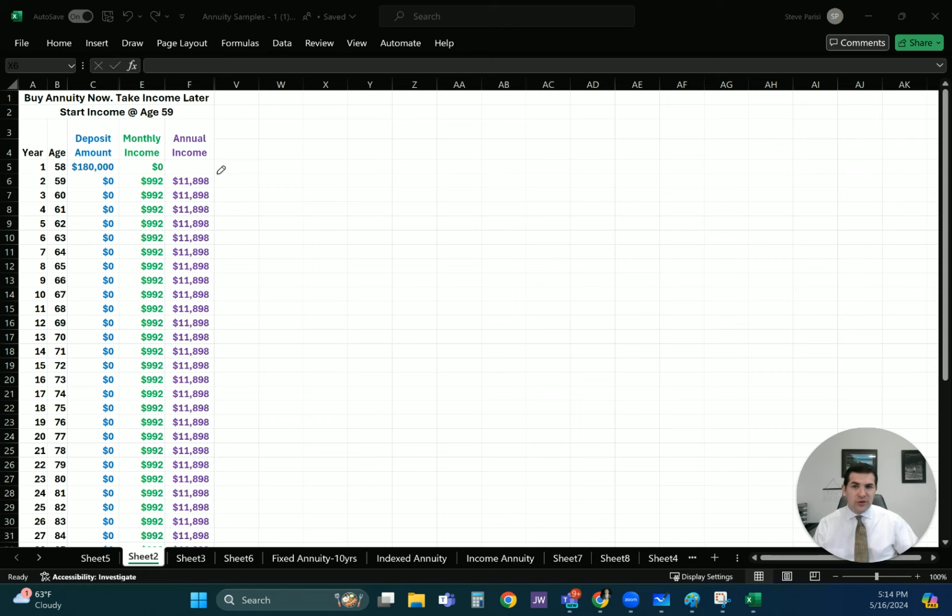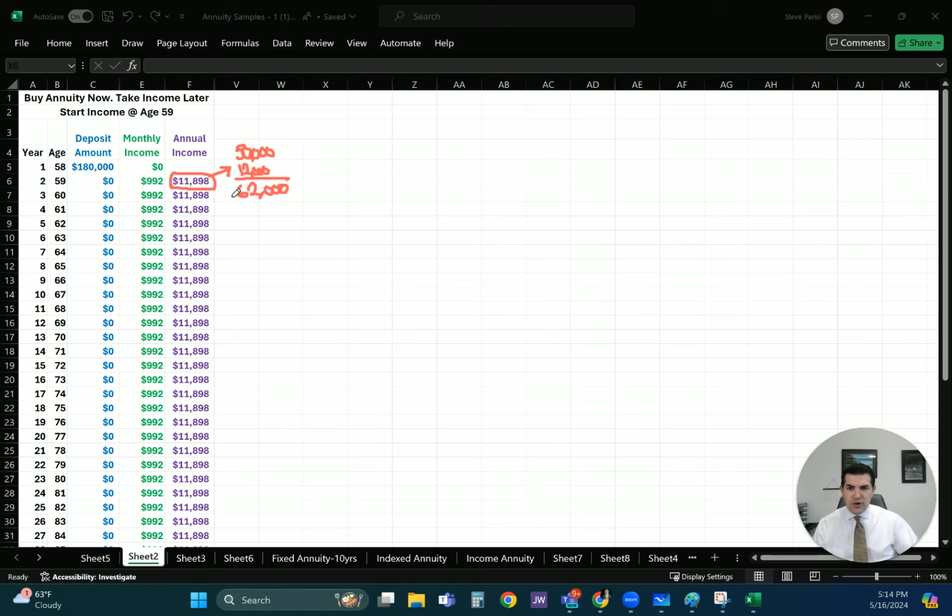So if his taxable income is $50,000, for example, what would happen, because this is coming from a qualified annuity, just like a 401k, it would be taxable, meaning the $12,000 is added to the $50,000, which means his taxable income is now $62,000.